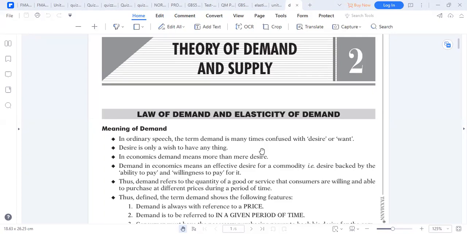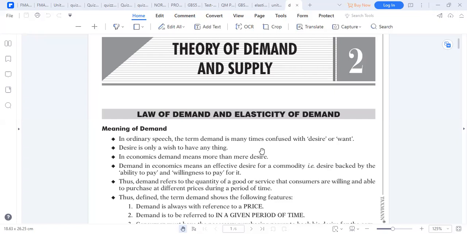What is demand? Well, demand, unlike what others may think, is not just a want or a desire. Demand is the ability and the willingness to pay.